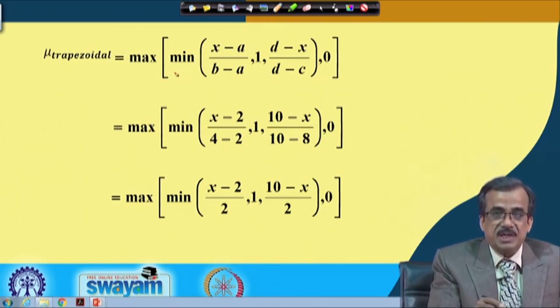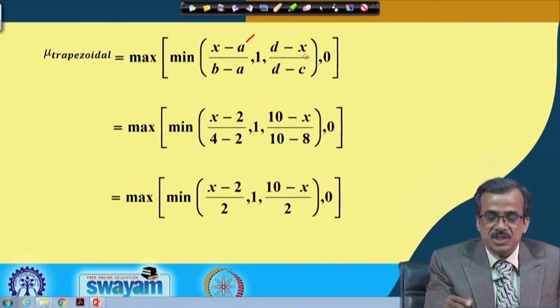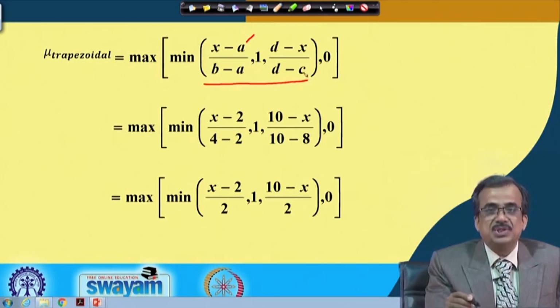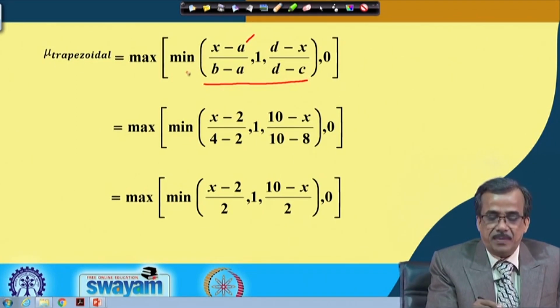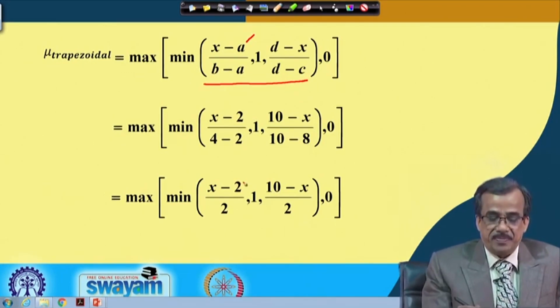First, you will have to find the minimum among (x minus a) divided by b, comma 1, comma (d minus x) divided by (d minus c). We will have to find the minimum among these three and then compare with 0 and find the maximum.